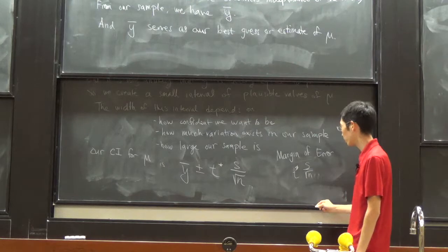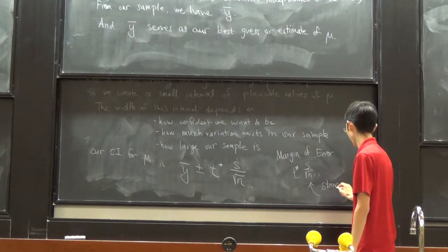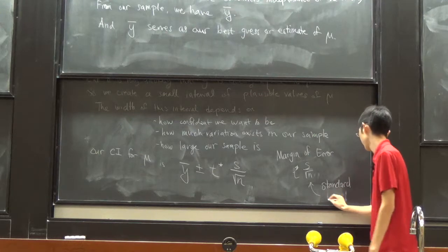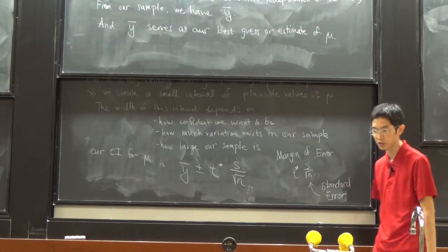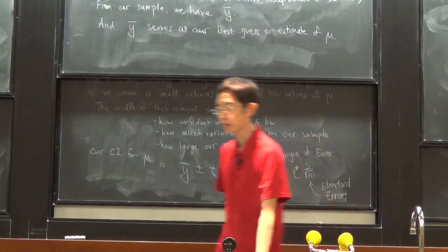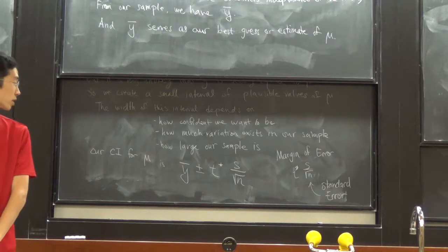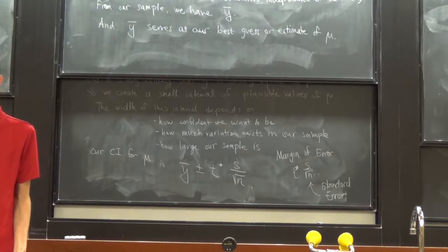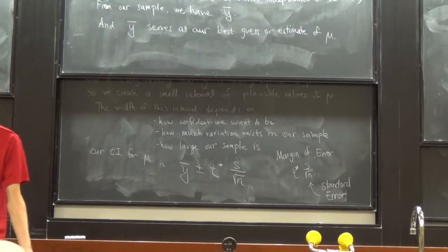And s over the square root of n, that thing is our standard error. Okay, so we just have a few extra terms to throw around: the margin of error and the standard error. I'm hoping this all sounds familiar, or we understand what's going on here from last week's discussion.